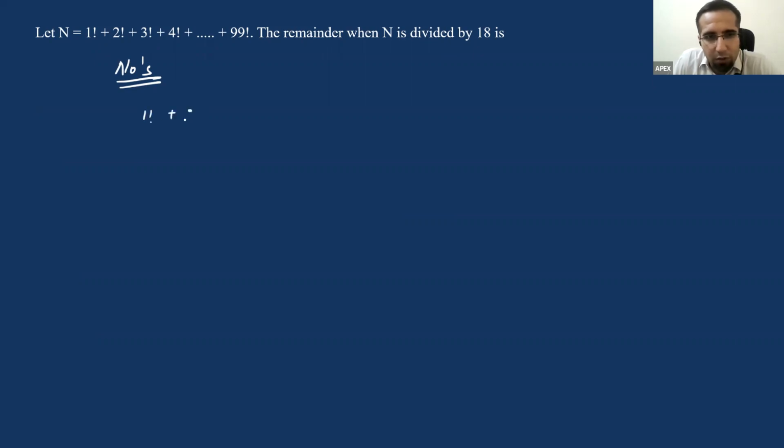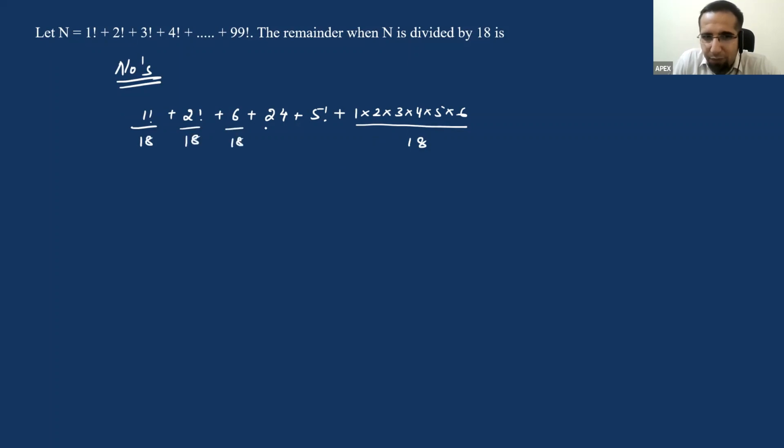1 factorial plus 2 factorial is 2, 3 factorial is 6, 4 factorial is 24. Then what is 6 factorial? 6 factorial is 1 into 2 into 3 into 4 into 5 into 6. Clear? Right now, this is divided by 18. You need to understand a very strong concept: from a particular number's factorial onwards, the denominator is divisible.